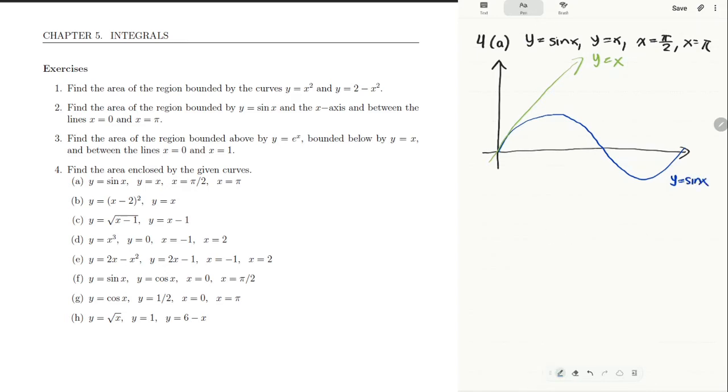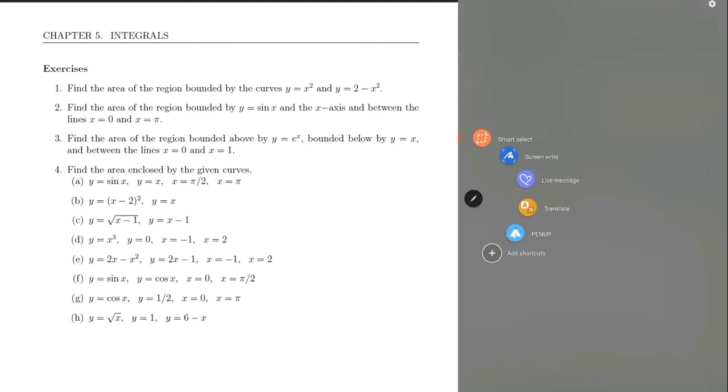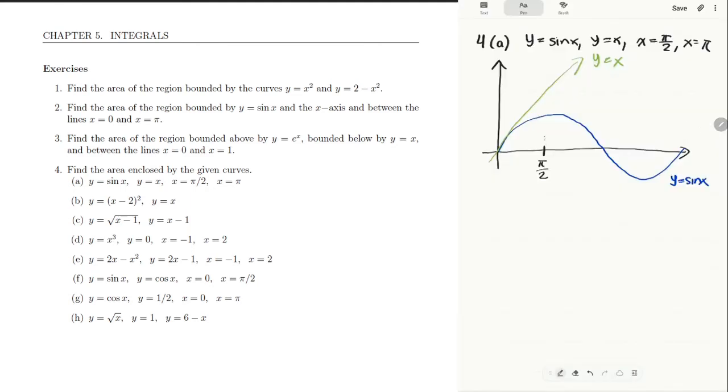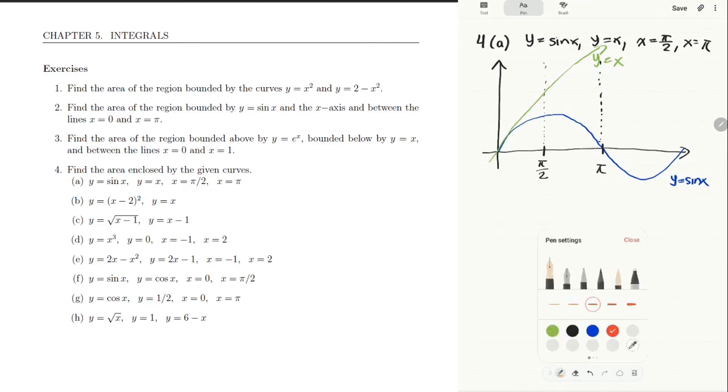As well as the vertical lines, x equals pi over 2, and x equals pi. And so the region that we're interested in is going to be this shaded area here.